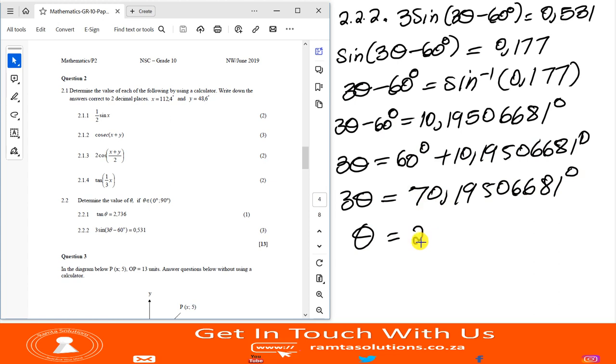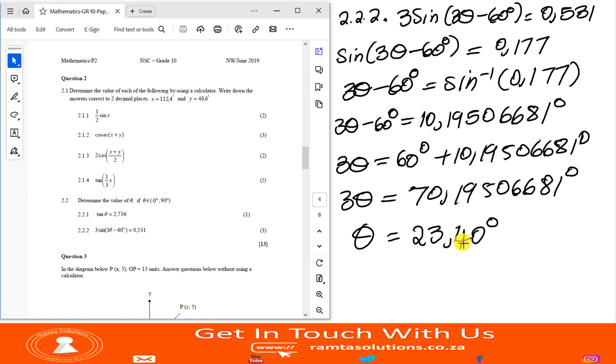Theta is 23.40 degrees. Pay attention, guys. I did not round off in the middle of calculations, and I urge you that you also don't round off in the middle of your calculations.